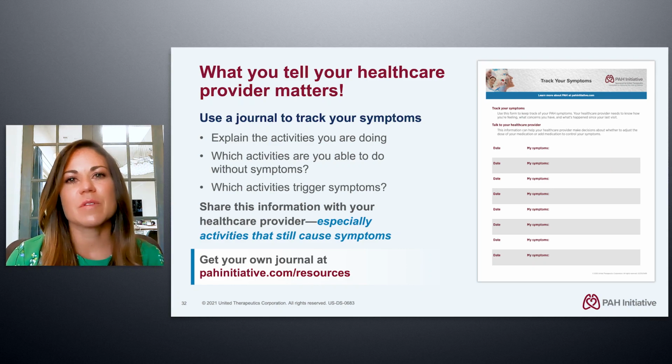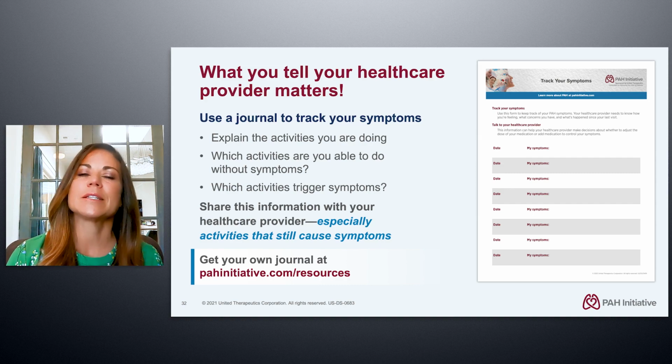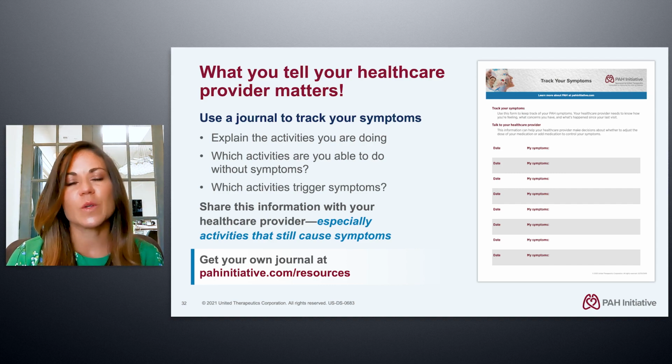As we've discussed through this presentation, it's so essential that you provide your healthcare provider with all the information to make sure that we're tracking your symptoms correctly and that we're placing you in a correct functional class. But let's be honest, remembering what we could do on a daily basis or weeks or months ago is very difficult.